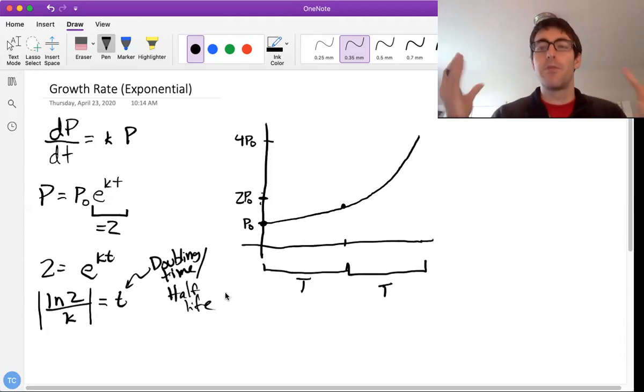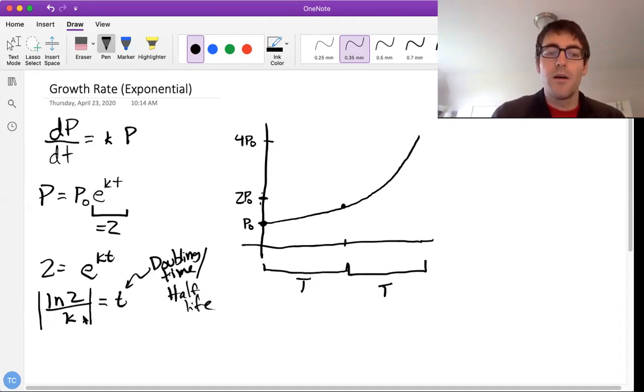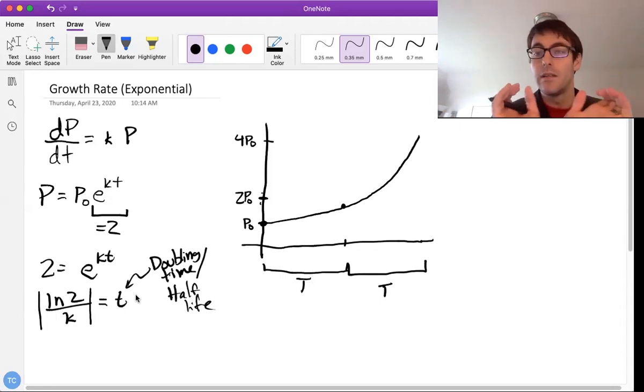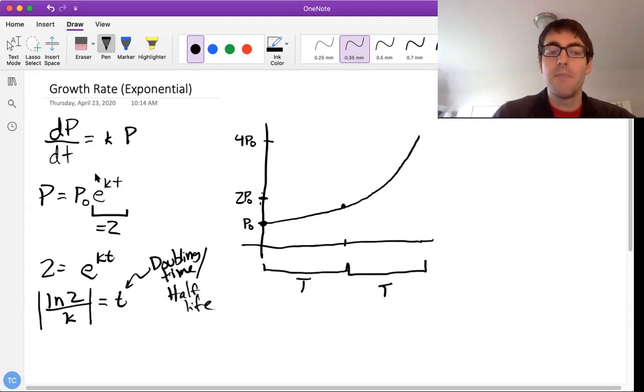So if you ever looked up the formula for calculating the half-life, it's going to be this thing. But what this comes from is the particular amount of our t units it takes to make this exponential term become a 2.